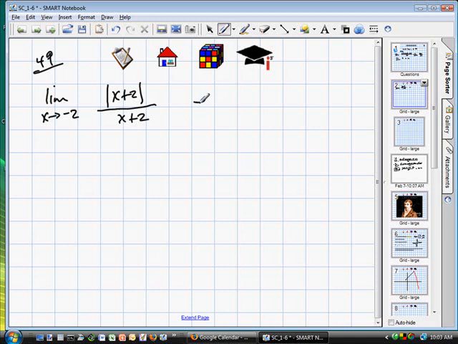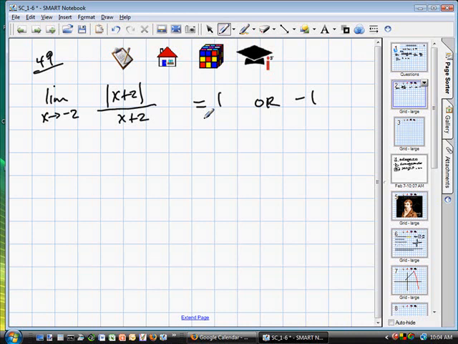Isn't this really just 1 or -1? Because if x plus 2 is a negative, then the absolute value of that's a positive. And then when I divide it by its same negative below, I'm going to get -1. If it's a positive and I divide it by itself, then I'm going to get a positive 1. So it's either 1 or -1. Are you with me? Yeah.